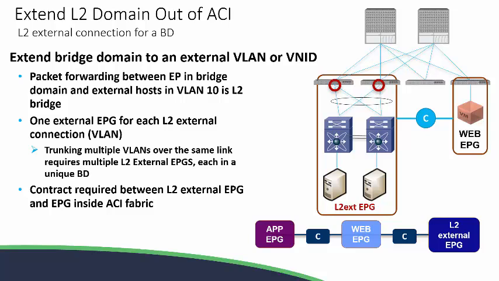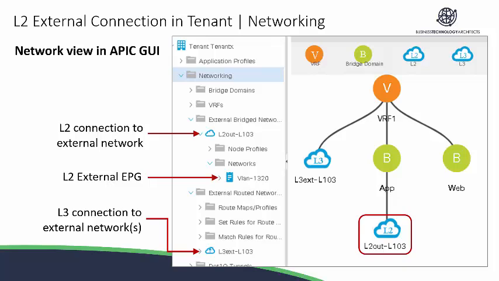You can trunk multiple VLANs over the same link, but you still require multiple Layer 2 external EPGs, each in a unique bridge domain. But this allows you the ability to trunk multiple, because you're still going to need them anyway. So to configure this, you will do an L2 connection to the external network. You'll create the L2 external EPG. And then you have private networks, which is where you would actually configure your L3, which is the next session.